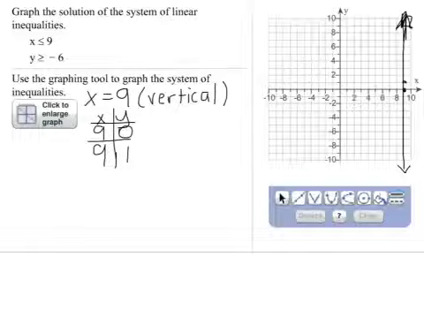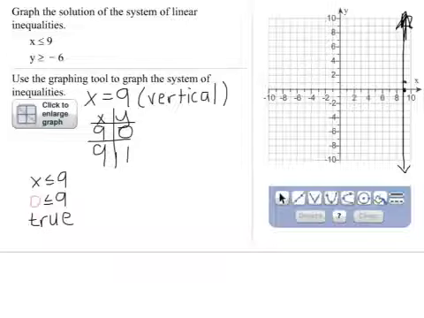Remember, it goes through the x-axis at 9, 0, and another point is 9, 1, because x is always 9. And now I can test 0, 0 in that inequality to see which side of the line I should shade. So 0, 0 makes this a true statement because 0 is less than or equal to 9. So I'm going to shade the left side of this line.